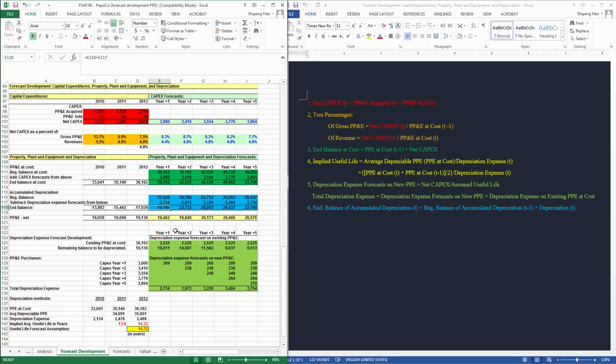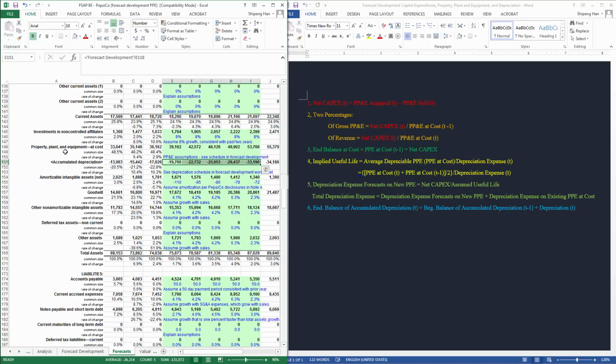So this is the balance of the accumulated depreciation. It keeps increasing, and the increase is the same as the depreciation per year. Now we have these two rows, and they are just our forecast of property, plant, equipment and its counter account balance.